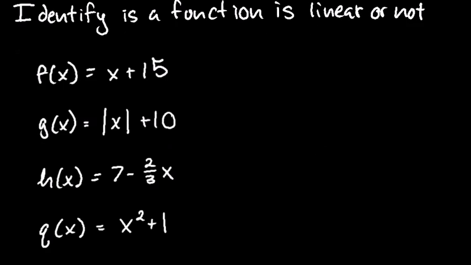Alright, I need to identify if a function is linear or not. So that means, can it be put into the y equals mx plus b form? Can it be put into that? This one, it's pretty explicit. Yes, that is. Absolute value, that's going to look like a v, so it is not. This one, it's a little bit backwards, but this one is going to be linear, so it can be put into this line.